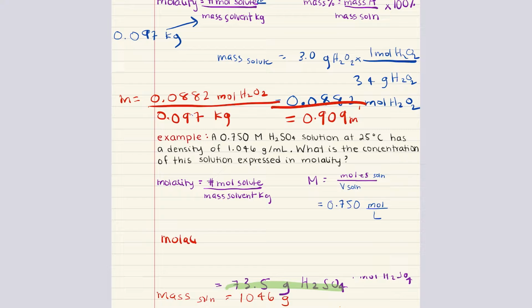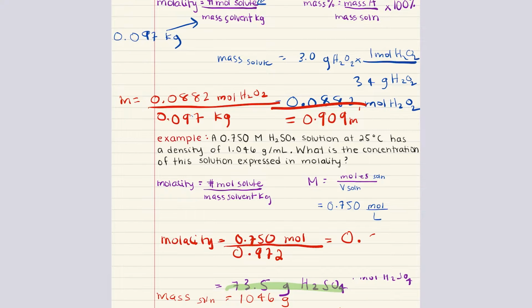Molality is equal to 0.750 moles of sulfuric acid divided by the mass of our solvent in kilograms, which is equal to 0.972. If we plug this into a calculator, our molality is equal to 0.771. And there we go. We solved our second practice problem.